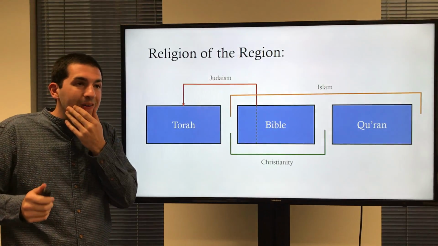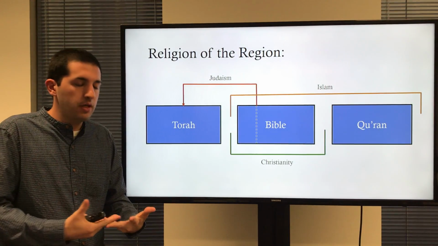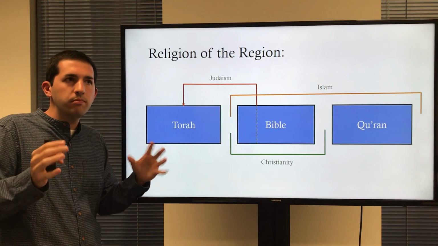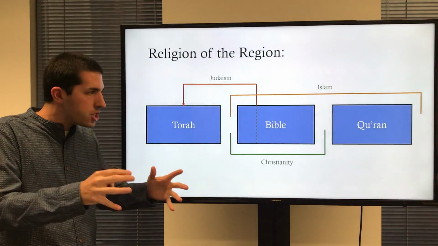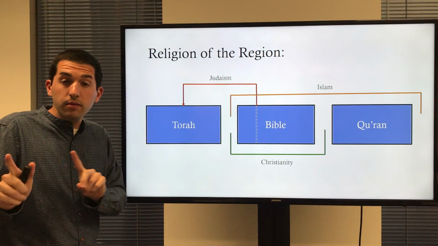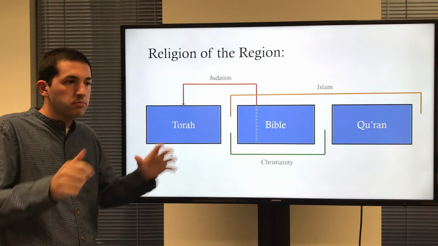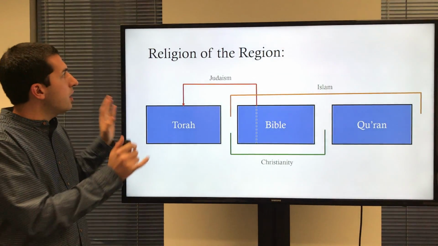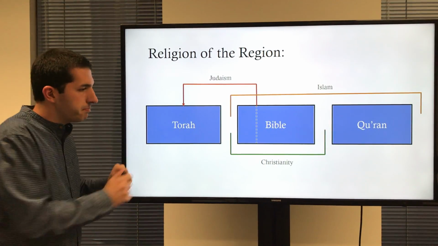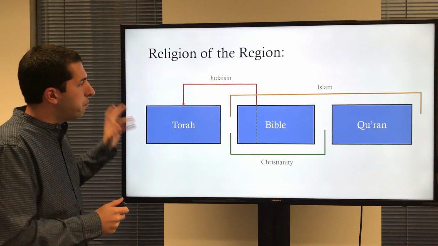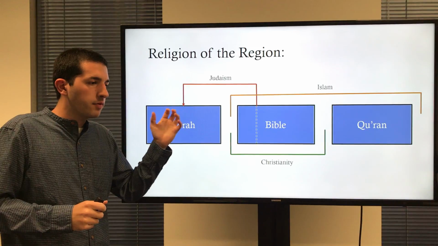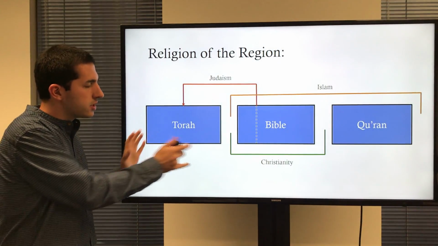These religions not only share geographic space, Jerusalem, Israel, or this region of North Africa and Southwest Asia, but they're also similar in their belief system of one God, check. Geographic area, check. Religion of the region, a little bit of a tongue twister. Judaism, the Jewish faith, pulls its Torah, its book, from the first 5 books of the Christian Bible, or vice versa, depending.